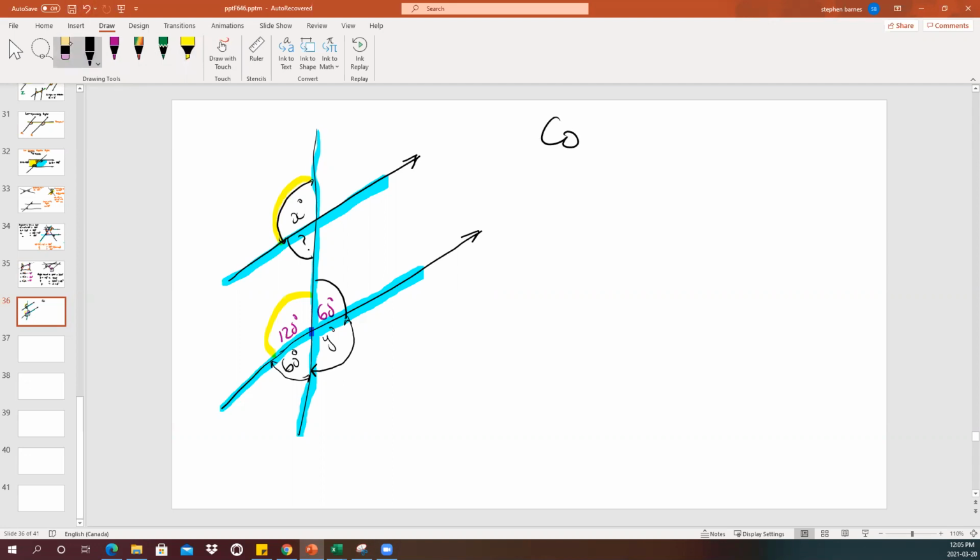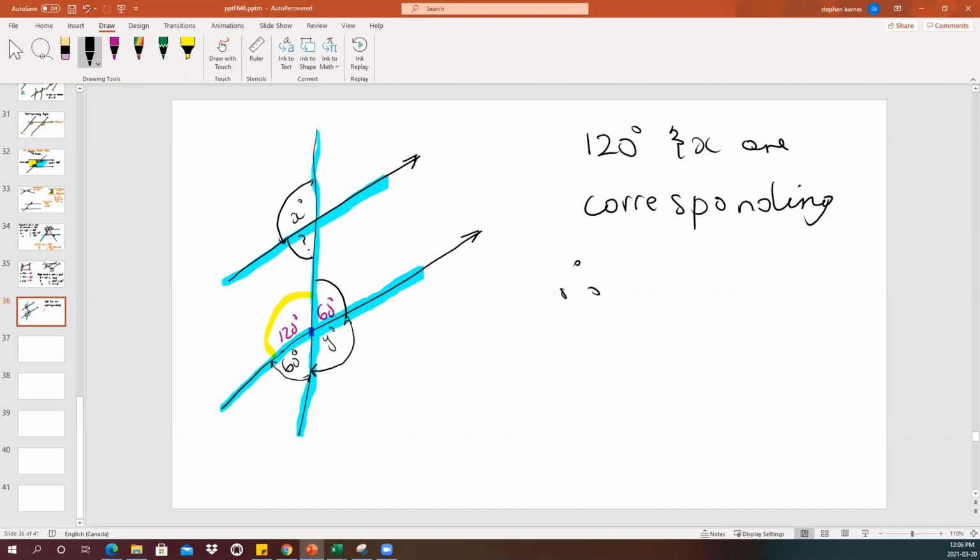So let me just say 120 and X are corresponding. Therefore, X is equal to 120 degrees.